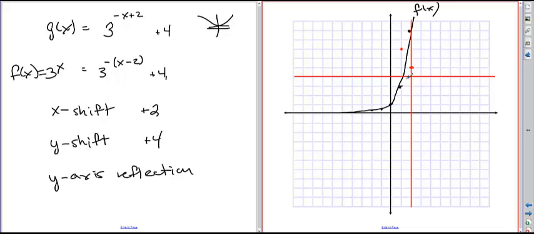The next one's going to be off the scale. Then we'll take the reciprocal, so instead of going left 1, going up 3, we'll go right, we'll do 1/3. Then we'll do 1/9. So that will be what this one looks like. So this is a y-axis reflection.